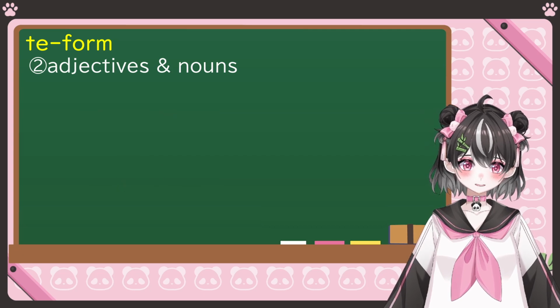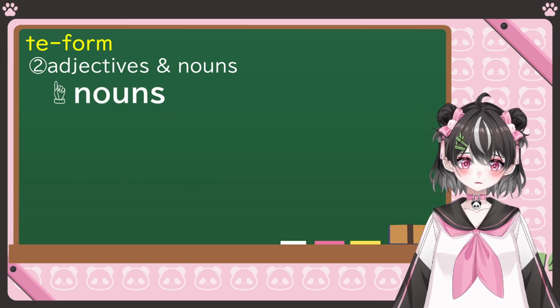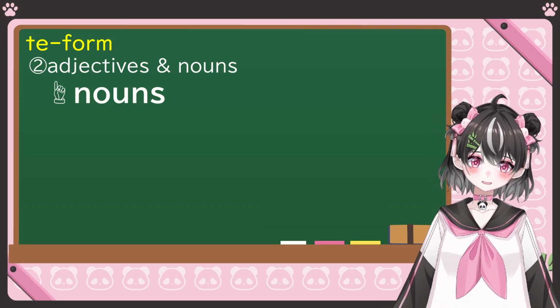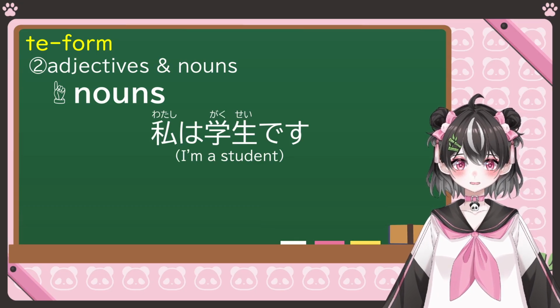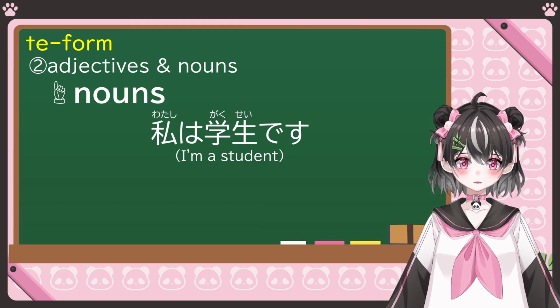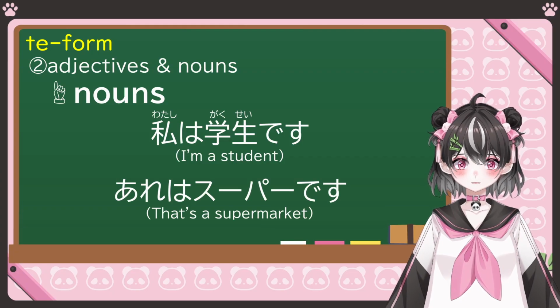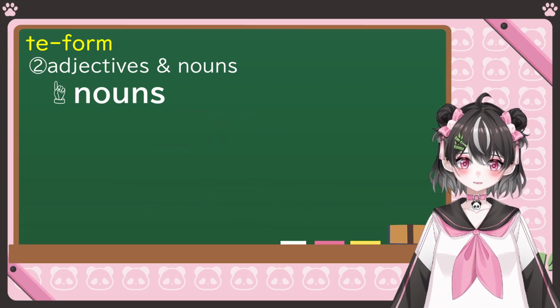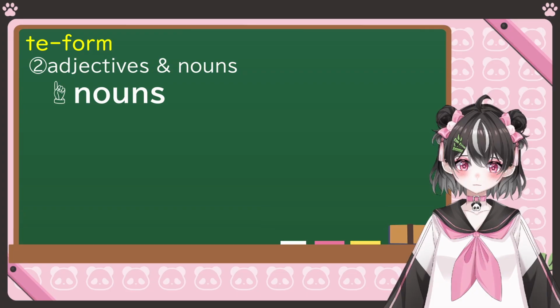Okay, finally, let's look at nominal te form. Nominal sentences are sentences like 私は学生です or あれはスーパーです. Basically, noun sentences follow the same conjugation pattern as な adjectives.